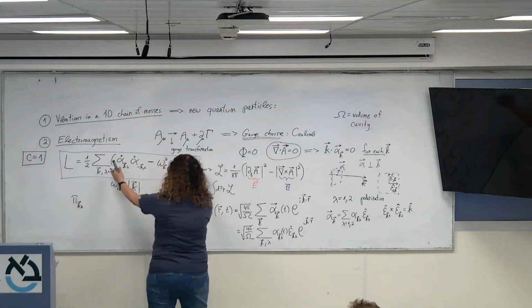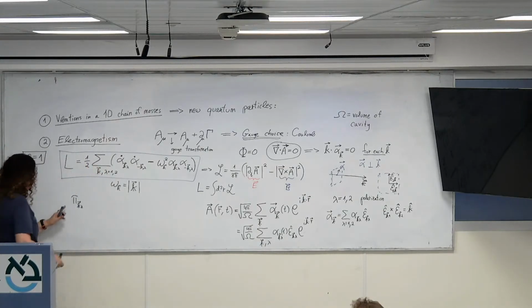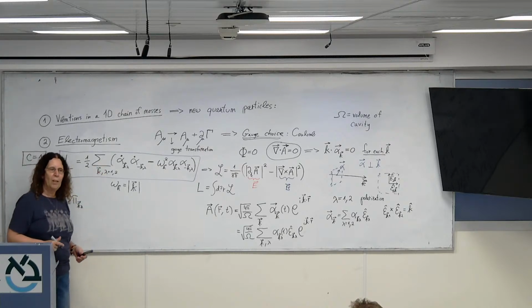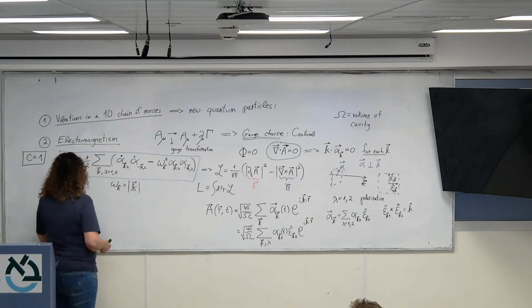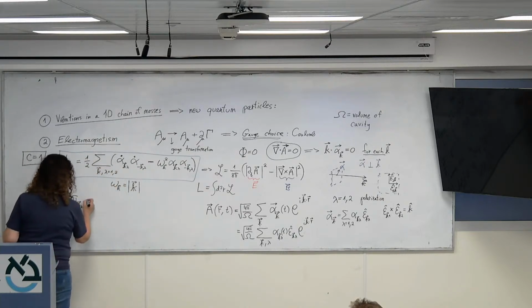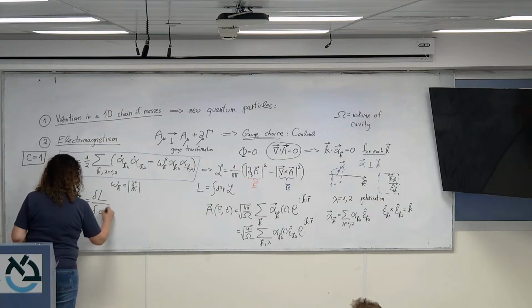Each of them is separate in the Lagrangian, and we can define the momentum conjugate to the coordinate. Now let's think of alpha as a generalized coordinate, and we can define a momentum as a derivative of L with respect to alpha dot of the same k and lambda.